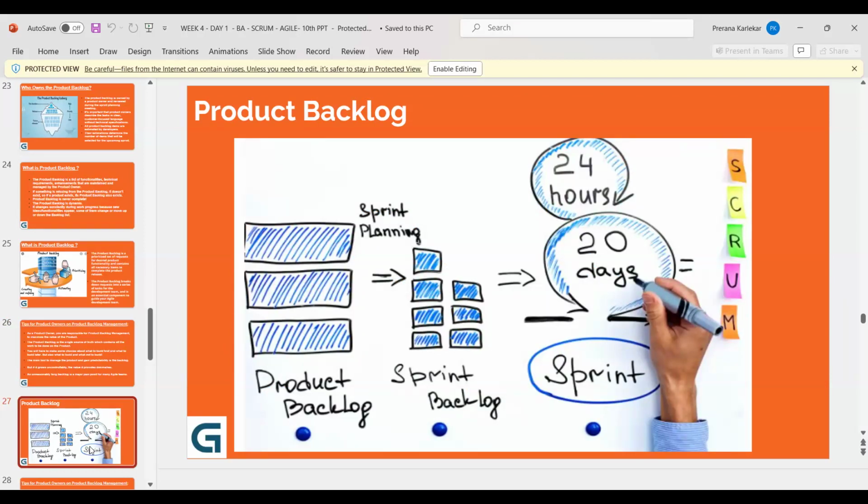Every single day they are meeting in the stand-up towards making the delivery happen. In the sprint review, it is checked and it gets delivered. And in the sprint retrospective, we introspect: what went well, what did not go well. So this is the crux of this slide. Can we move to the next one, Prerna?